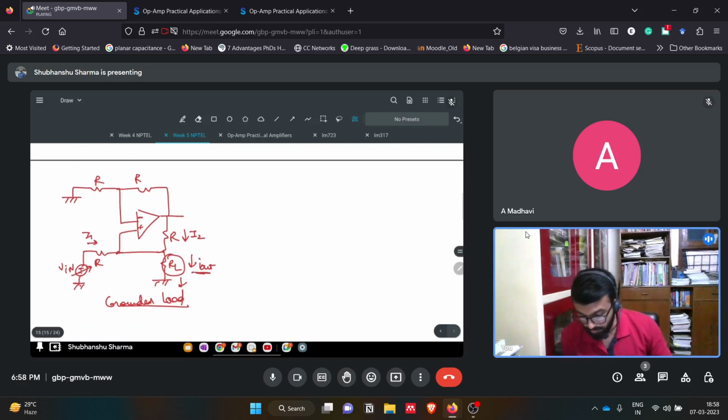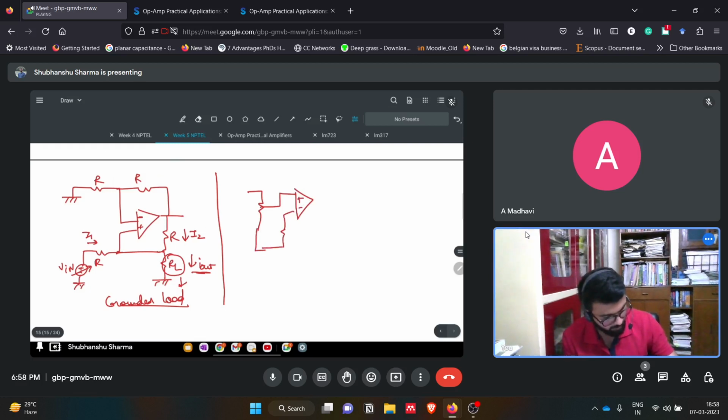We also saw the floating load with non-inverting configuration, where we had one op amp and the load ZL connected at the output, V output, and this is V input.